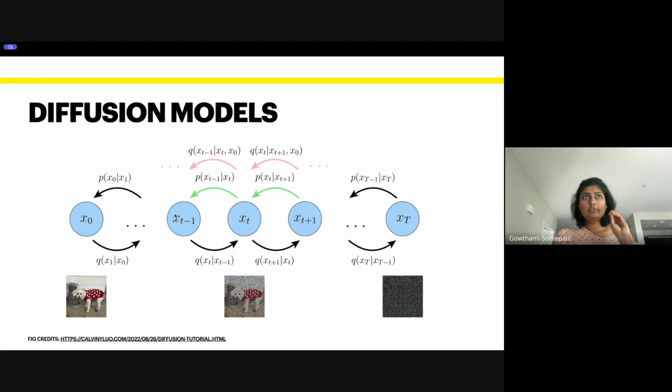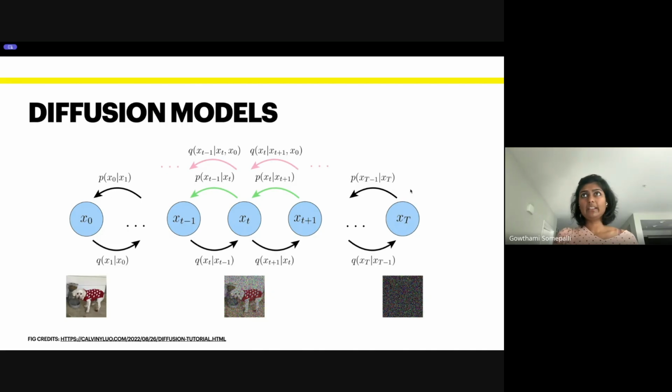How do you remove the noise? How do you compute the image with a little less noise given a more noised image? For this one, we don't have a closed form solution. For the forward process, we can decide what it should be analytically. However, for the reverse process, we don't know how to do it, because there is no closed form solution for it. So we want to learn it with a neural network.